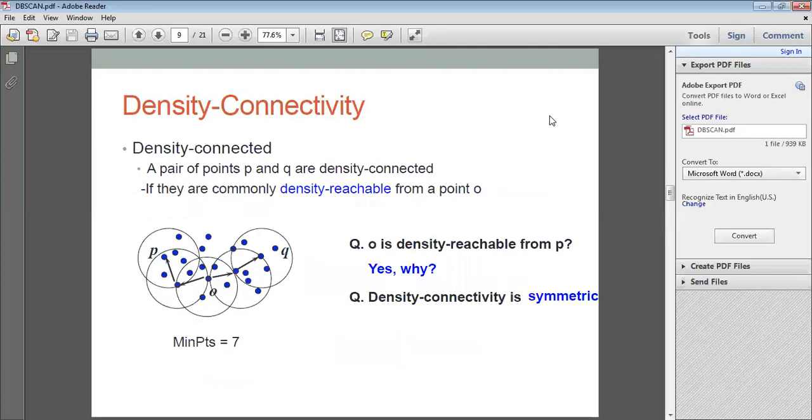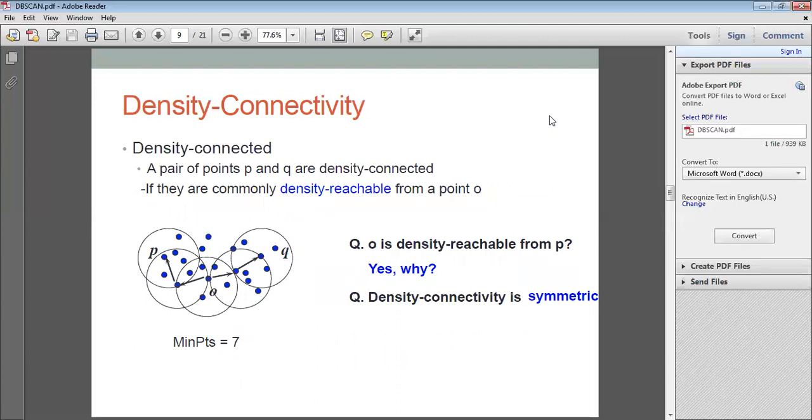The next criterion that is used for creating clusters is density connectivity. A pair of points P and Q are density connected if both of them are not core points, but they are density reachable from a certain point O that is a core point.